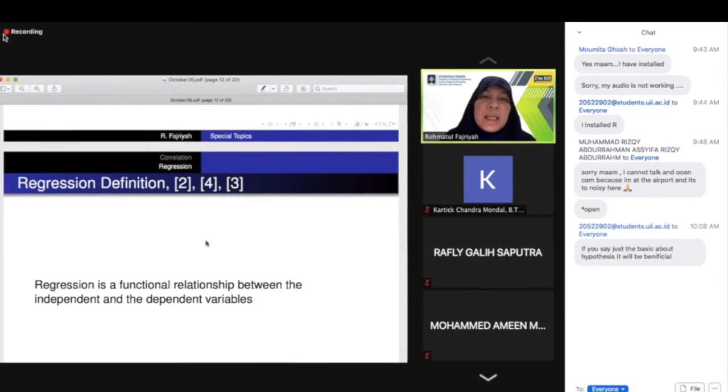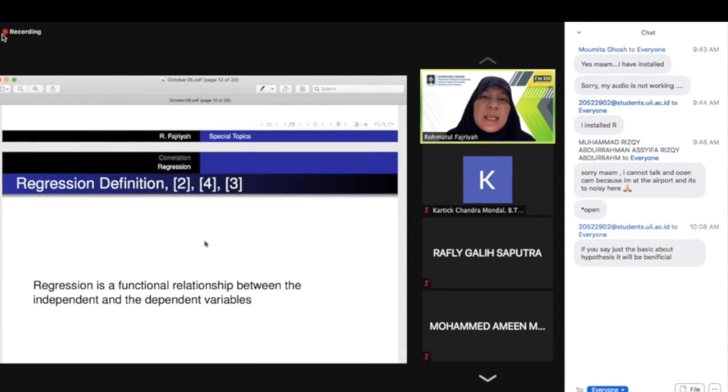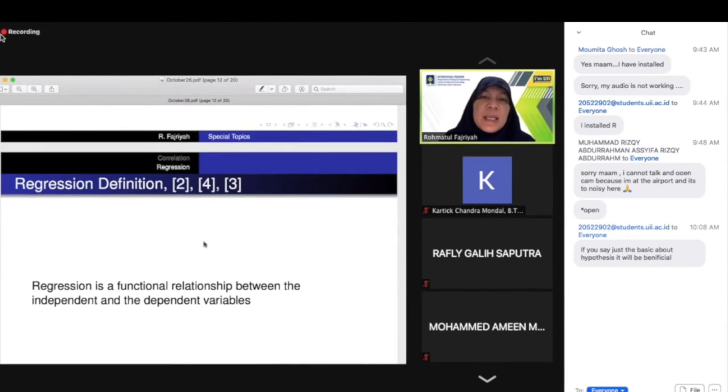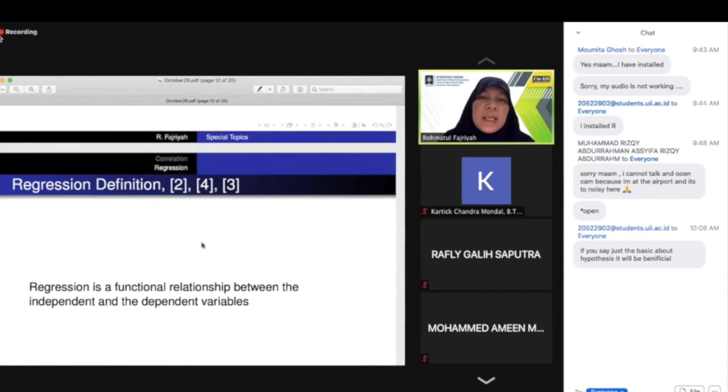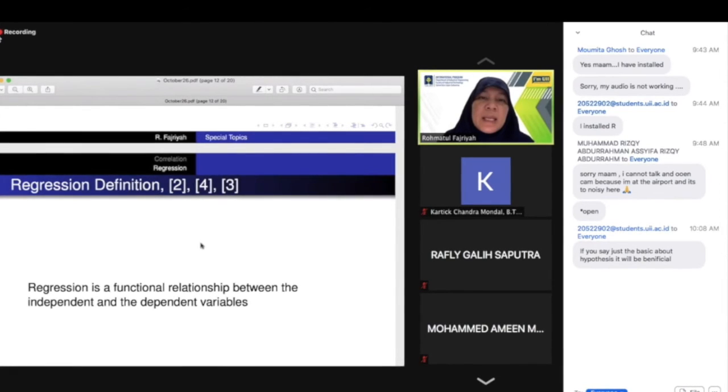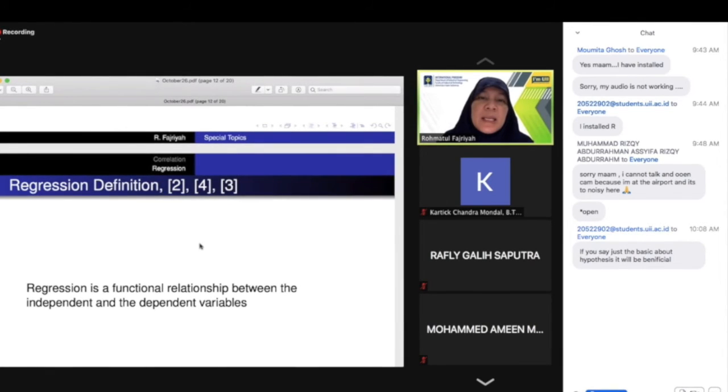In correlation, you don't have to divide between dependent and independent variables. But in regression, you have to identify which one is dependent and which one is independent. It is very important, because the dependent variable is the only variable that you would like to predict.